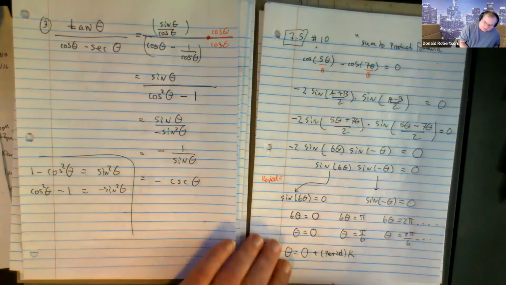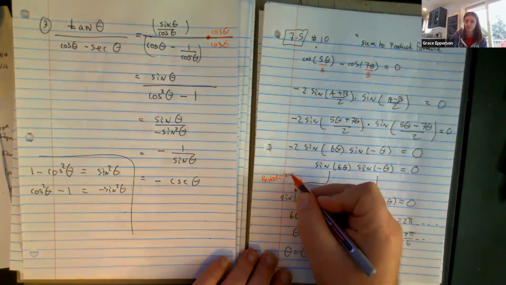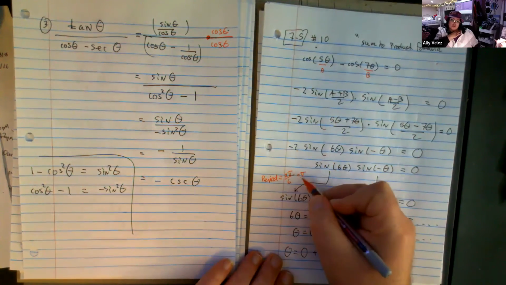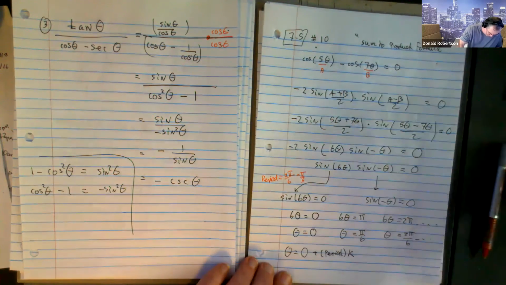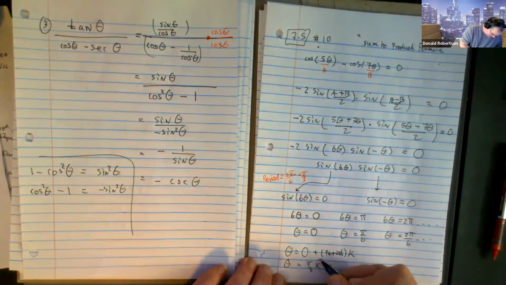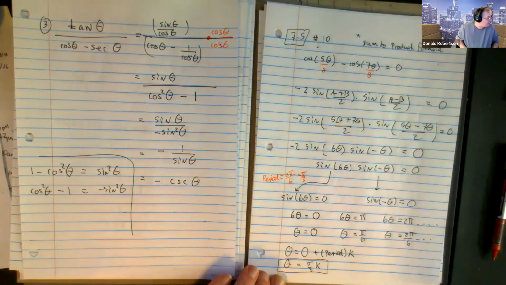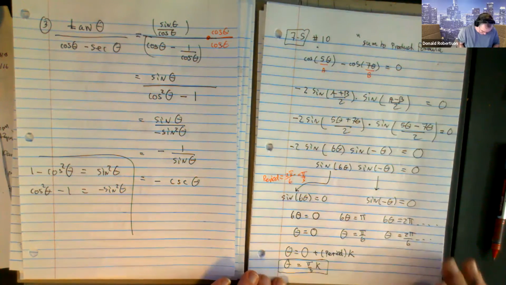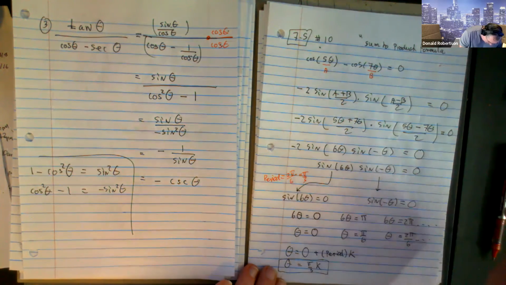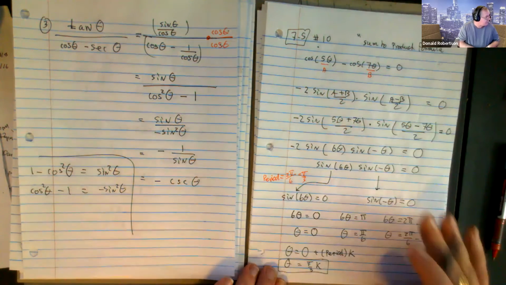Is it pi over 3? Yeah. So this becomes 0, because nobody writes 0, so isn't this going to be pi upon 3 k? Did I get that right? Yeah, okay.